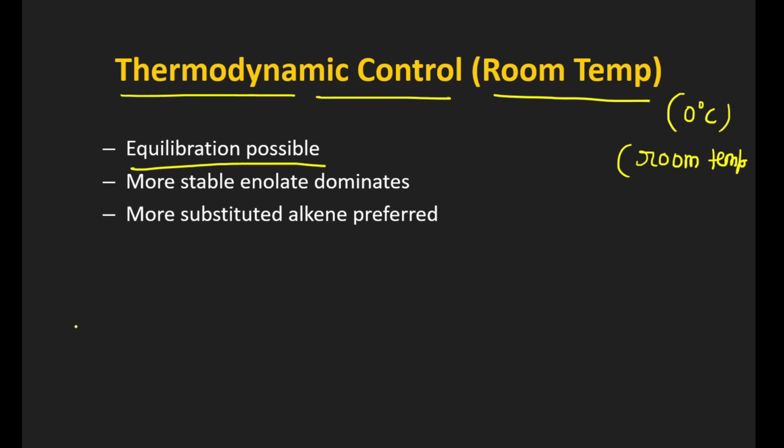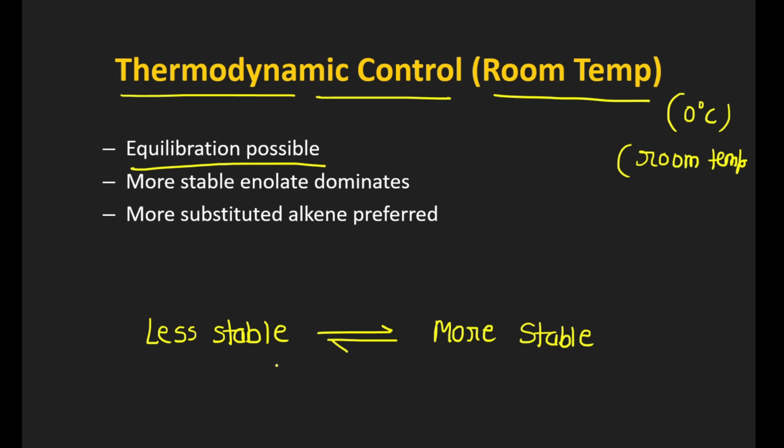So the base can pull the proton from both sides, and if it forms the wrong enolate, meaning your kinetic enolate, the reaction can actually reverse, because this is the less stable enolate. There are two enolates, and this is the more stable enolate, and there is an equilibrium between them because the temperature is high, energy is sufficient.